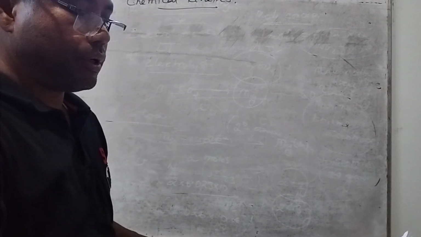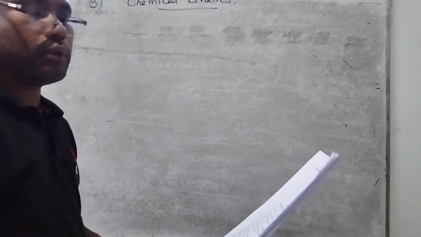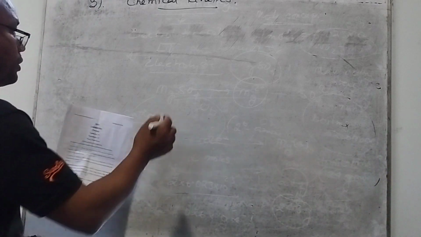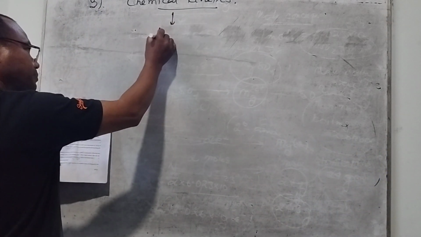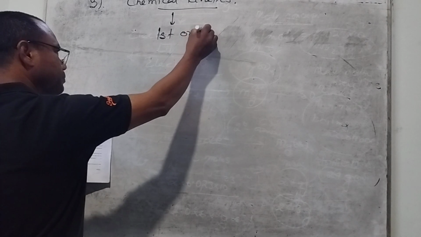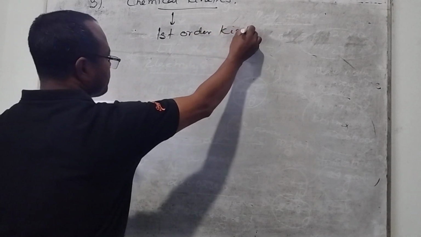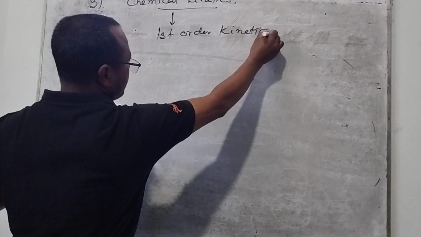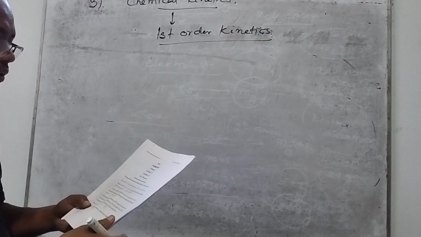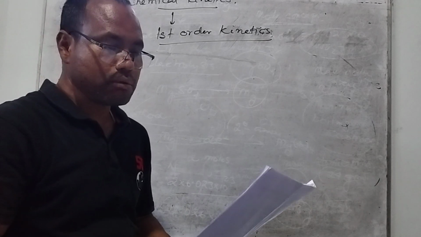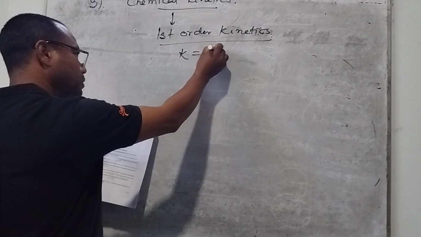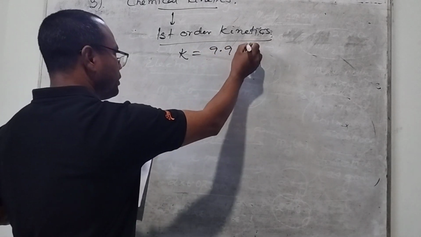Now, what order of kinetics does this reaction follow? That is first order kinetics. The rate constant value is given here, k is 9.9 per second.